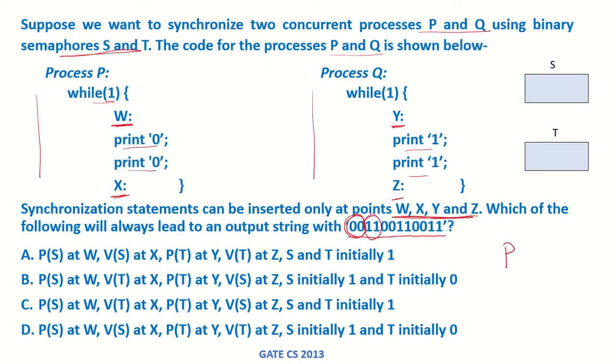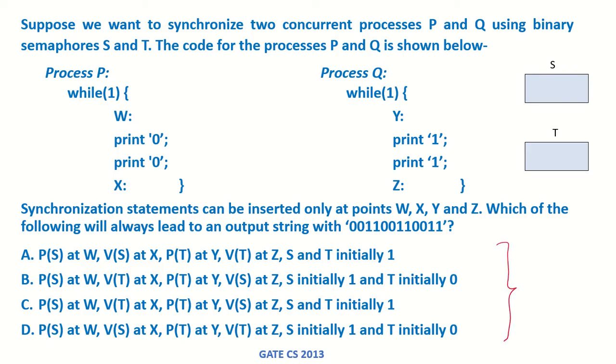Then we want process Q to be executed so that two ones can be printed. Then process P again and so on. So this is our strategy: we want process P to run followed by process Q and so on. So what should be the synchronization statements and what should be their initial values? We have to choose out of these four options.